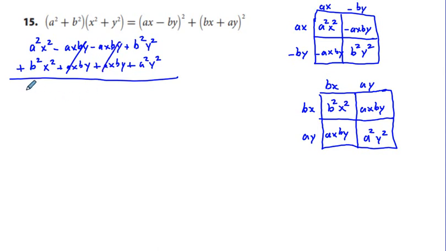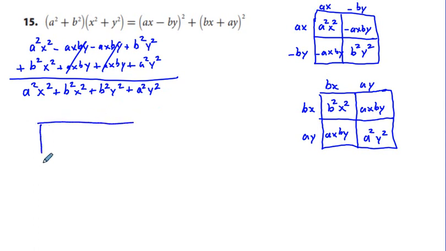So what we're left with is a squared x squared plus b squared x squared plus b squared y squared plus a squared y squared. Alright? And so, working backwards from that, we will show you what's going on here.